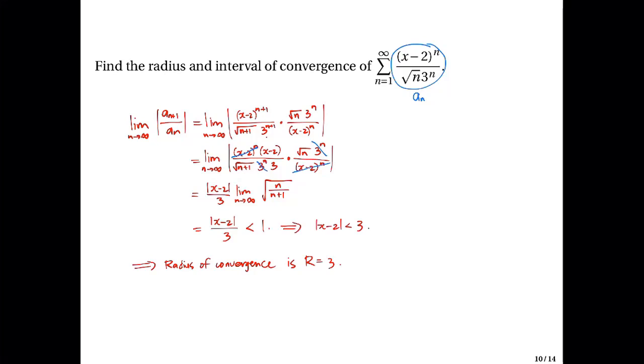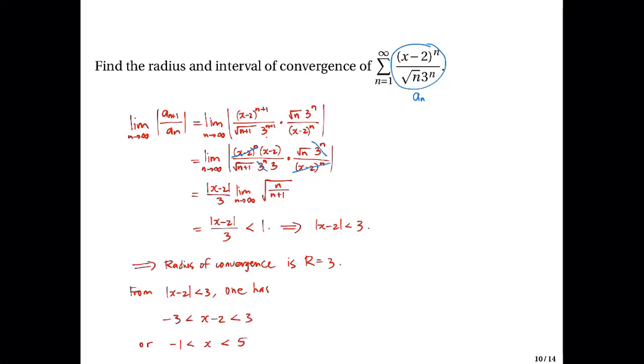For the interval, from absolute value of x minus 2 less than 3, we have negative 3 less than x minus 2 less than 3. Or, if we add 2 on all sides of the inequality, we will get negative 1 less than x less than 5.